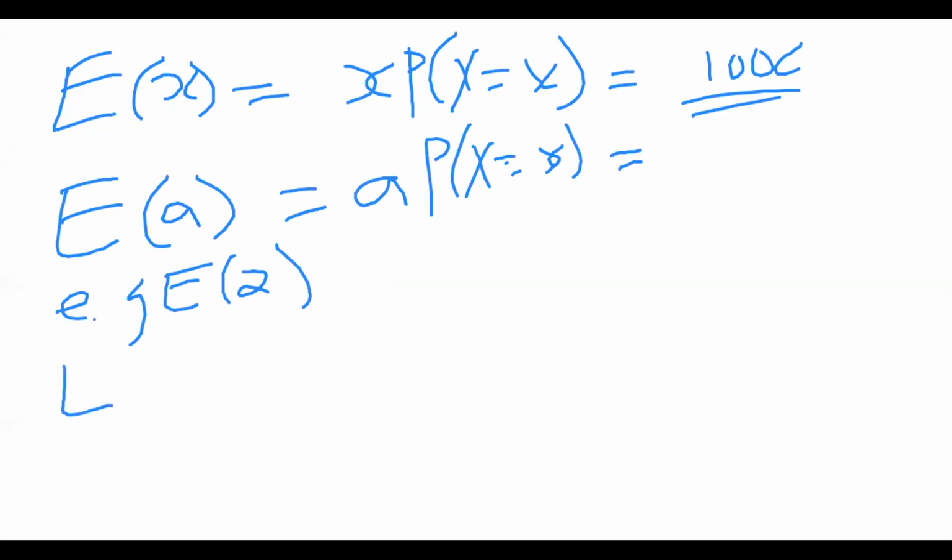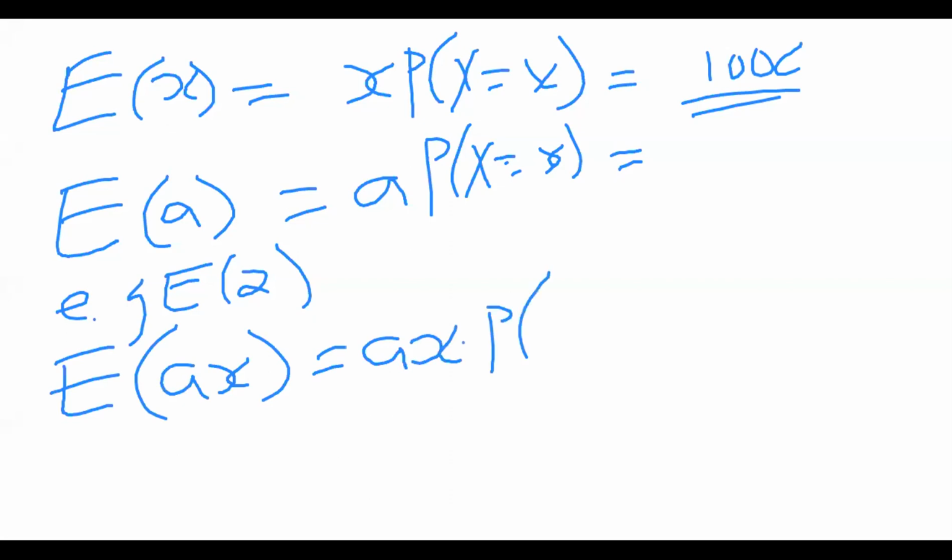Likewise, when you get the expectation of, for example, 2x, this is the same as if I use instead of the 2, I use ax. Let me just use a here. This is the same as ax times the probability of x equals to x. Summation. Everything there's summation there.